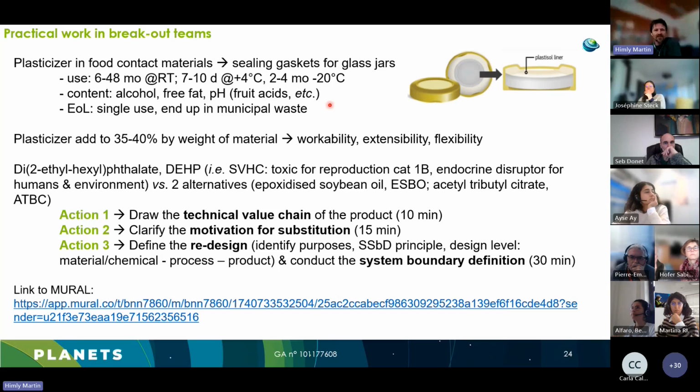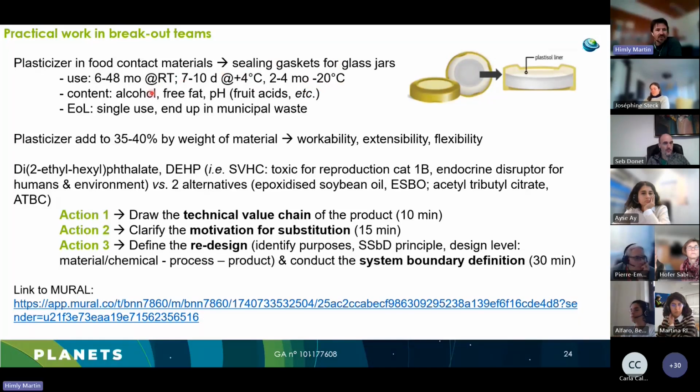So it can have all these different types of chemical ingredients as well. It could be alcoholic, fat-free materials, pH alterations, fruit acids, etc., and storage conditions need to be considered that span quite a range in the use phase, like between 6 and up to 48 months at room temperature, or a couple of days in the fridge, or maybe in the freezer at -20 or something like that.